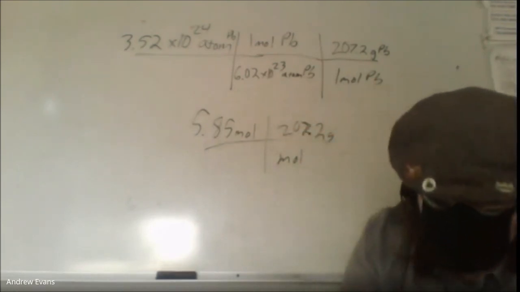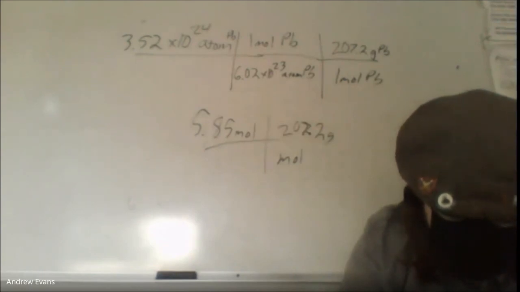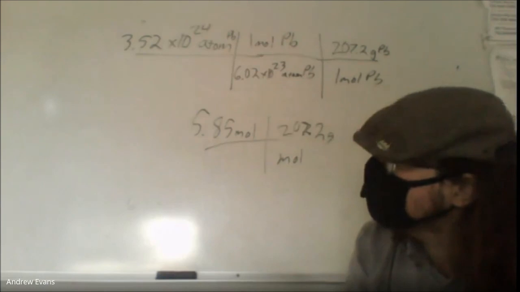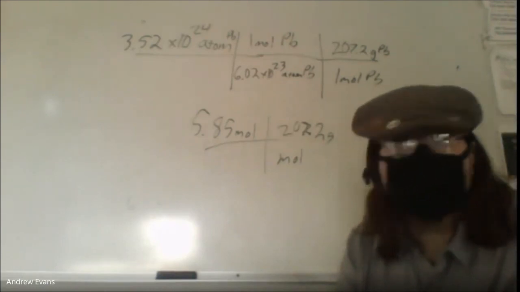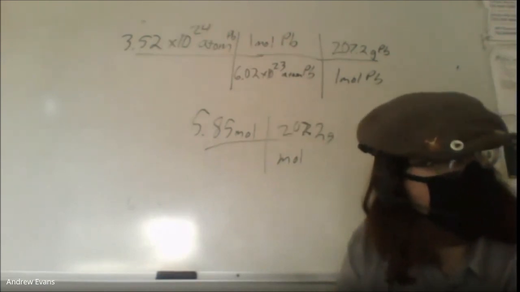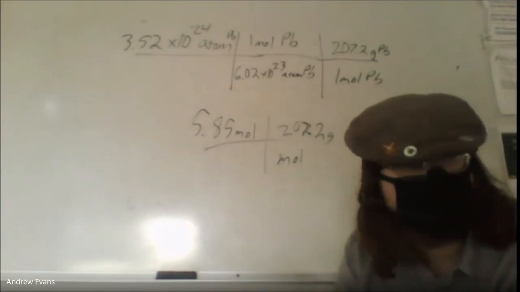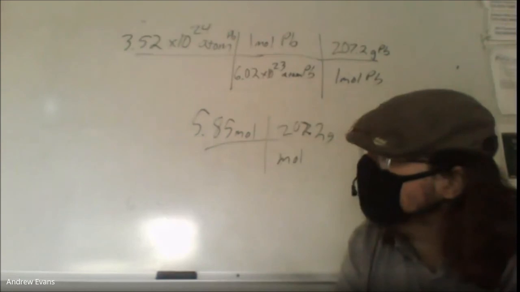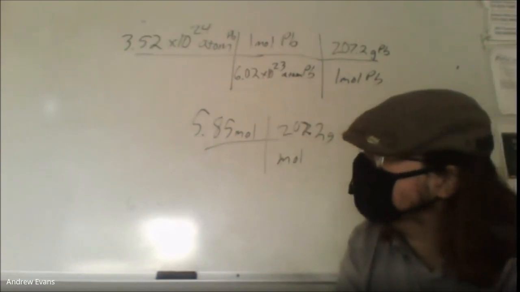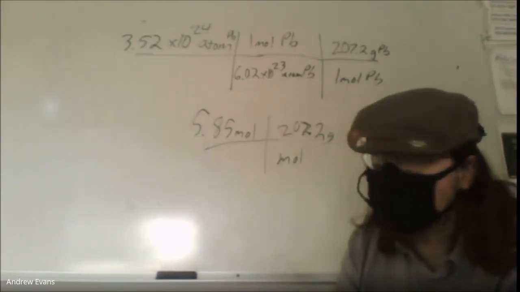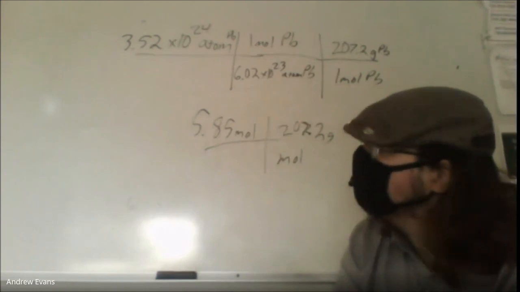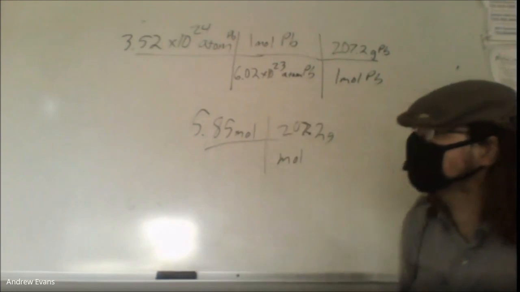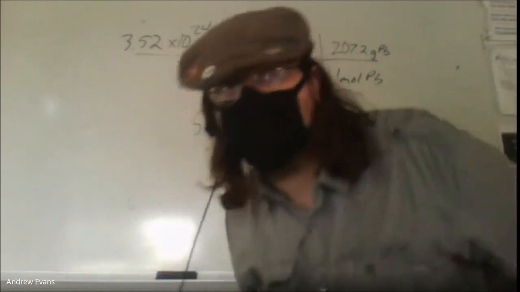This is going to weigh a lot, but then again, lead is really, really heavy. It's one of our densest metals. So almost 6 moles of this weighs about 1.2 kilograms, or 1,210. So the answer is A, 1,210.